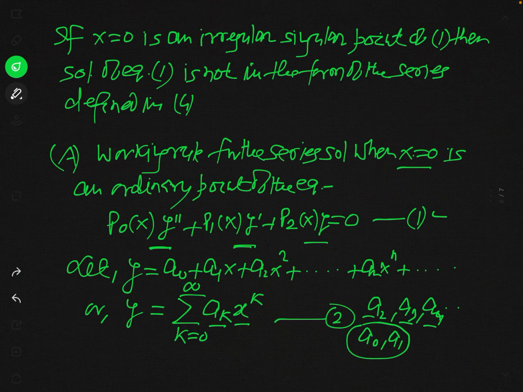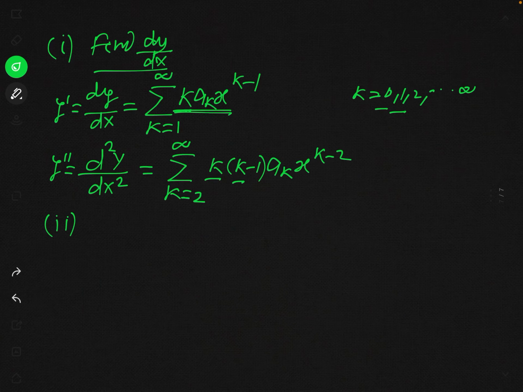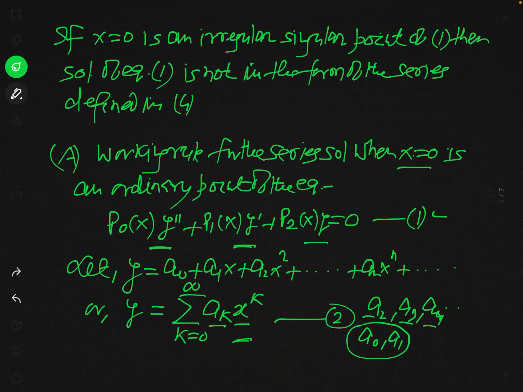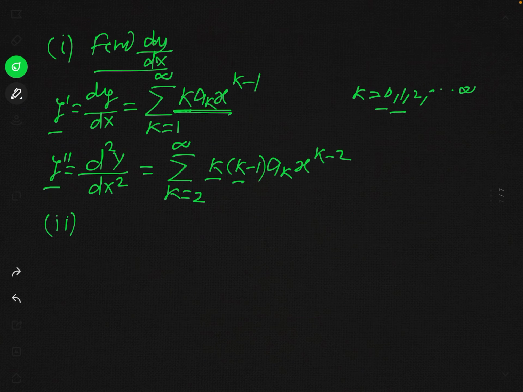Now, in the second step, after finding these derivatives, we will substitute the values of y, y prime and y double prime in the given equation, which is defined here as equation 1.